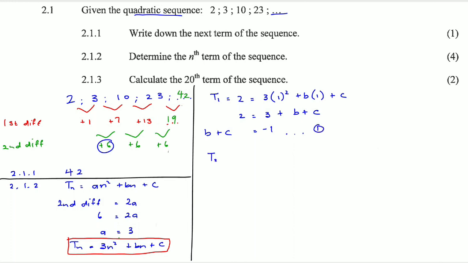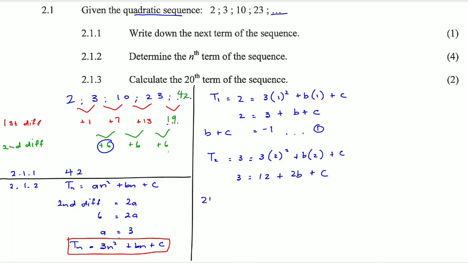Term 2 is equal to, and the value of term 2 is 3, which is equal to 3n squared, 3 times 2 squared, since n is now 2, plus bn, which is 2, plus c. 3 is equal to 3 times 2 squared, which is 4, is equal to 12, plus 2b plus c.